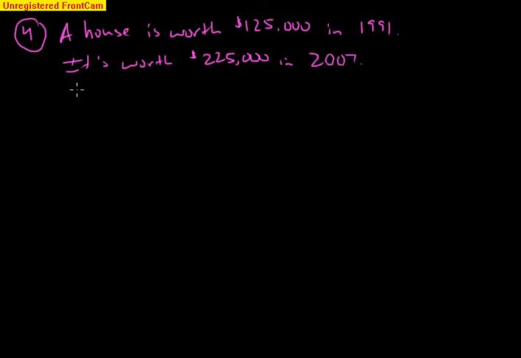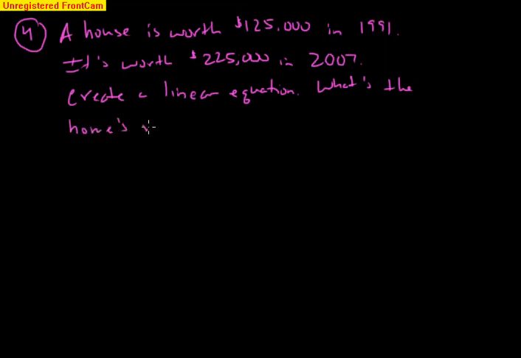We need to create a linear equation. Okay, that's the first part. And then what is going to be the value? What's the home value in 2012? So we have like an extension problem to do.